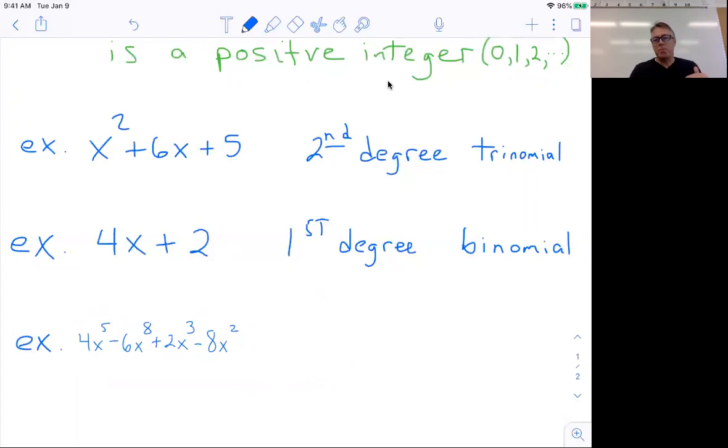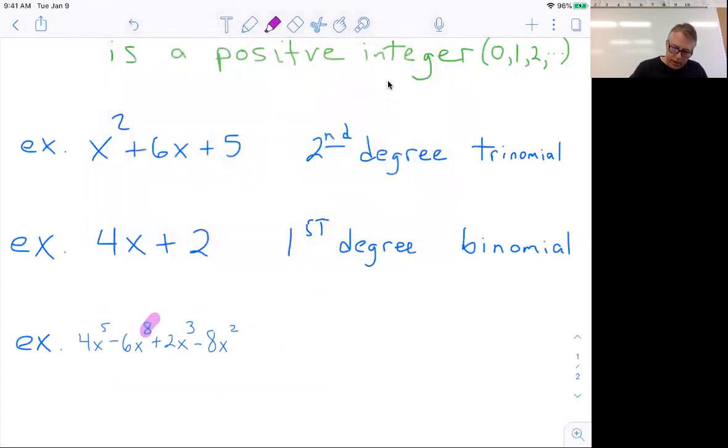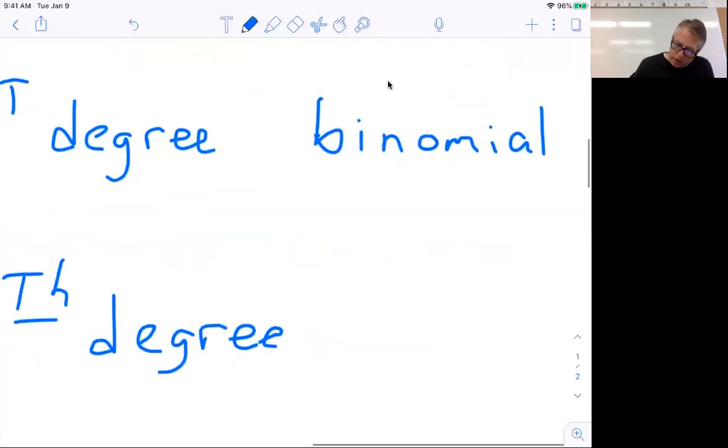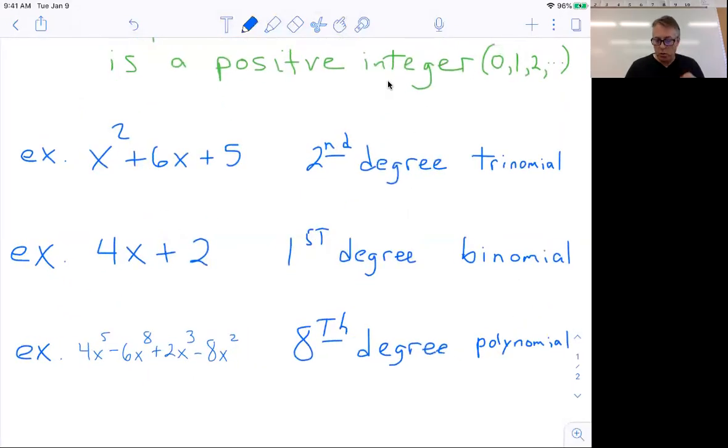The highest exponent is the degree. So that is an eighth degree because 8 is the highest exponent. So it is an eighth degree polynomial. We would just call that a polynomial because it has four terms. We wouldn't give it a specific name like a binomial or a trinomial.